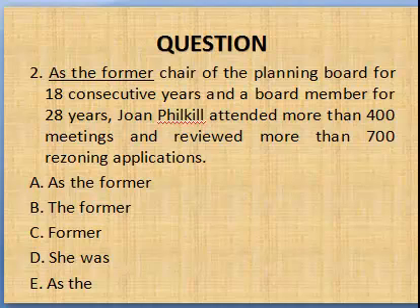I think as the chair is good enough. Former makes it redundant. And you cannot be former chair for 18 consecutive years. So as the chair of the board for 18 consecutive years, you did something. As a former chair, you will do something, but we are moving into the past. So as the chair becomes a better option.